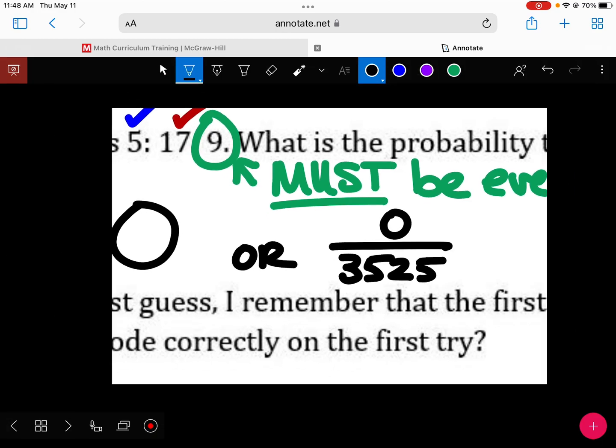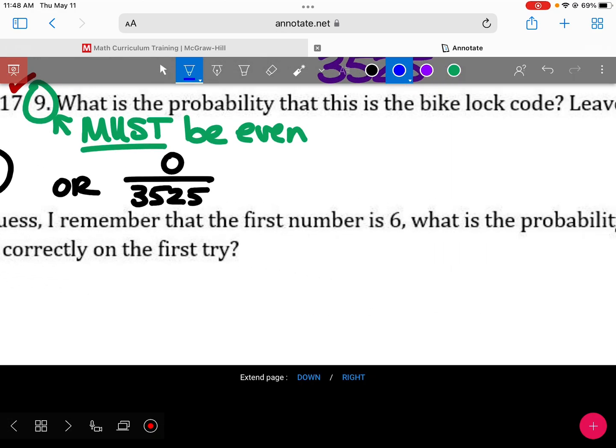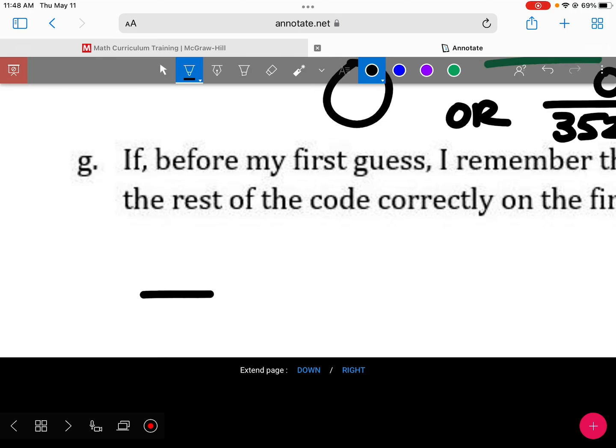Part F. If before my first guess, I remember that the first number is a 6, am I having to guess about the first number anymore? So how many possible options are there with this new information about that first number?